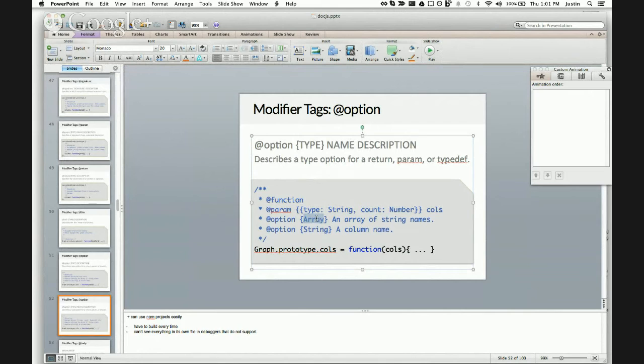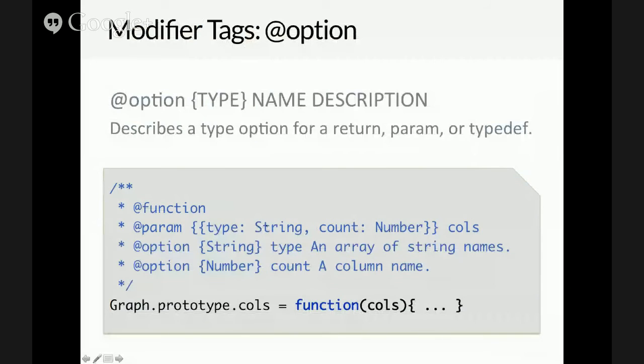So this would be string type, number count. So option can also be used to describe record values, object types, and their properties and values.